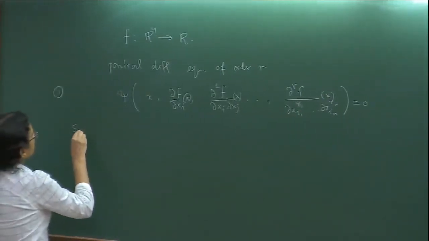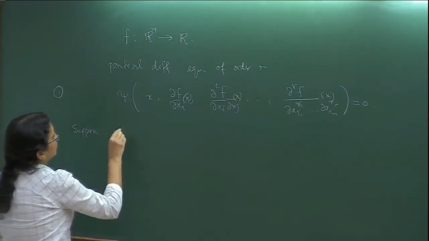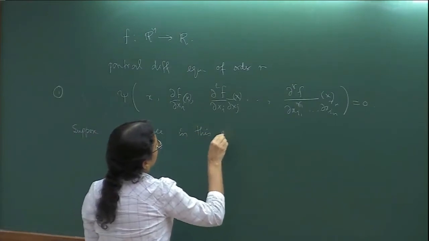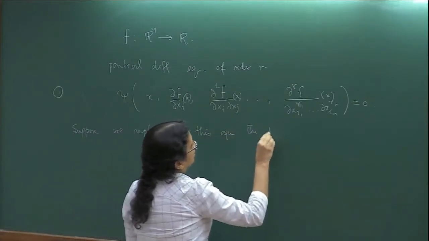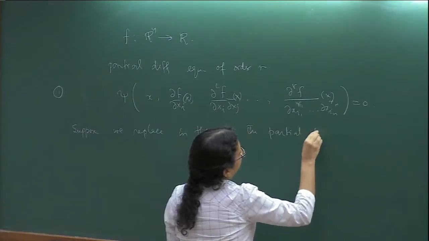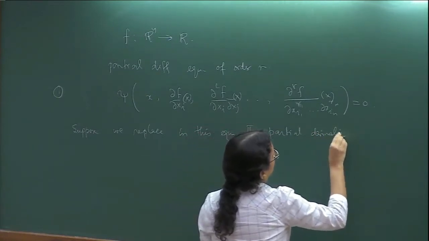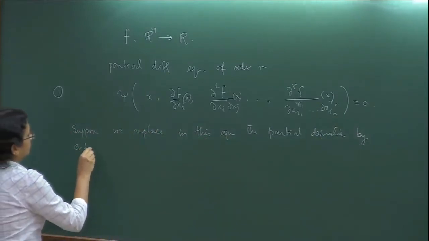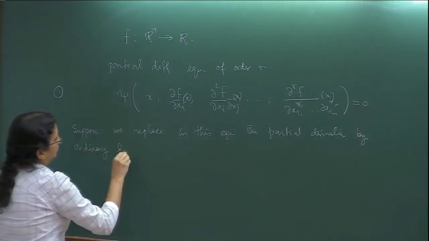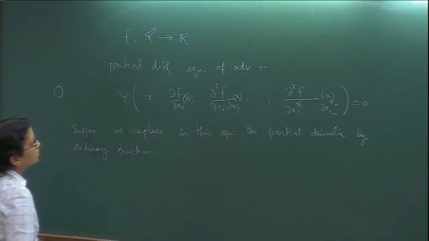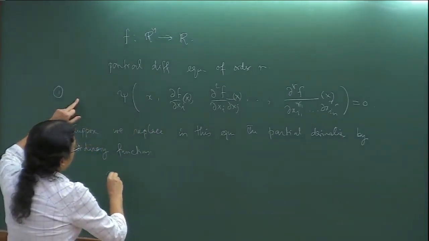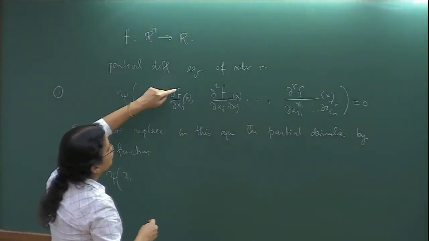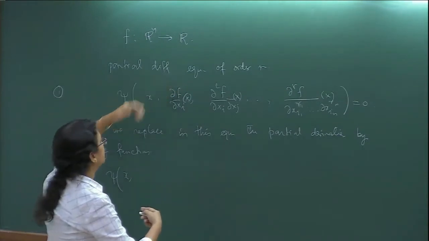Now suppose we replace in this equation the partial derivatives by ordinary functions. That means suppose I replace del f del x_i, which are coming from some other function, so these are partial derivatives.